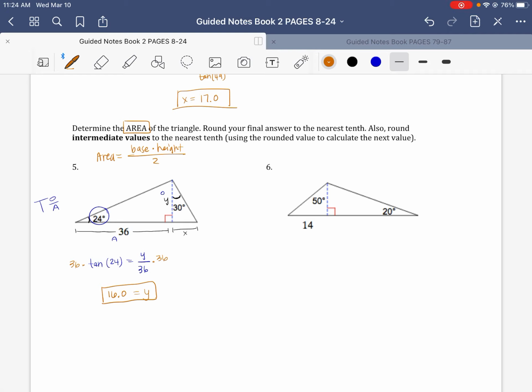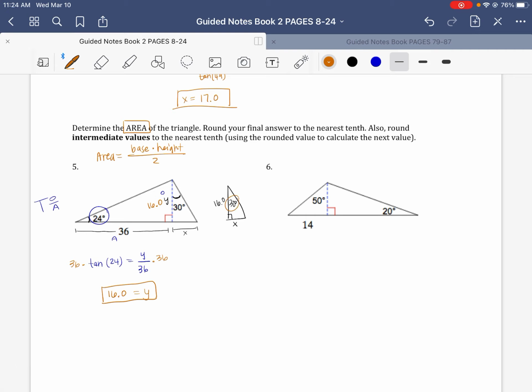Okay, so if we know that this one is 16.0, that will help us with the other one. So that triangle looks very squished there. I'm going to write it just over here. So this is what we want to find. We know that's 30 degrees. And we've got 16.0 here. Now this is a special case triangle, so if you want to do it that way, you can. Or again, just use a trigonometric function.